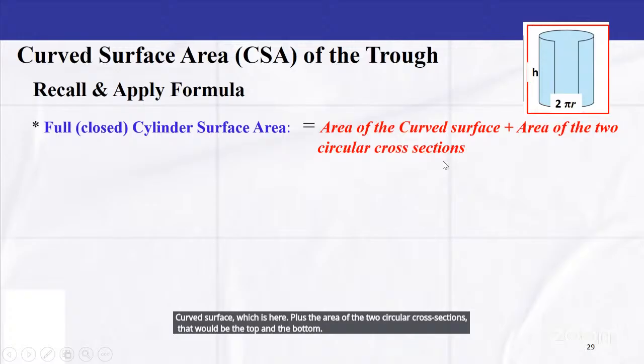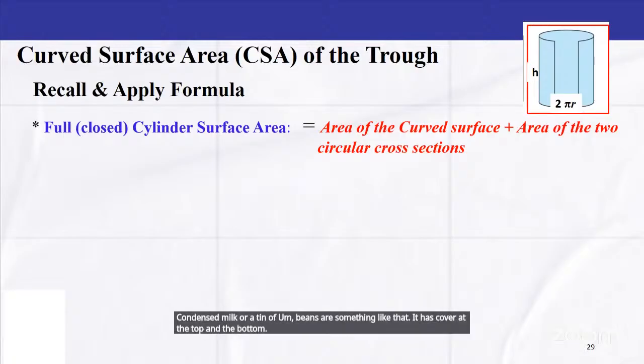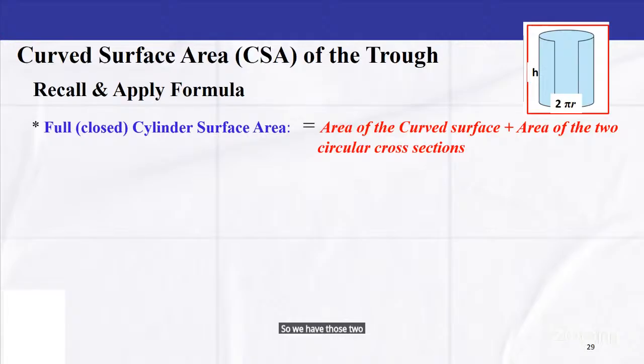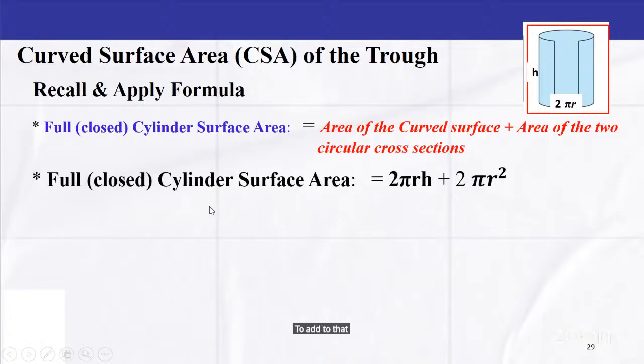So the full closed cylinder, like a tin of condensed milk or a tin of beans, has a cover at the top and the bottom. So we have those two circular cross sections. Then it's the area of the curved surface, the curved part that we just looked at in the blue, to add to that.